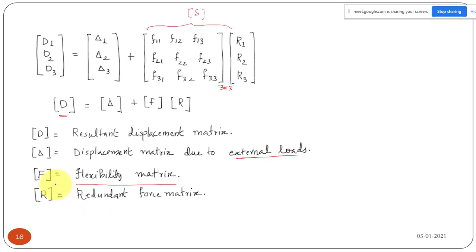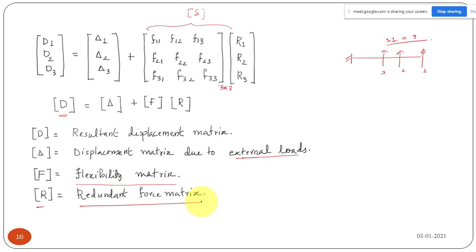It is a 3 by 3 matrix because in our structure we have 1, 2, 3 coordinates, or you can say your static indeterminacy is 3. This is known as the flexibility matrix, and this is your R matrix, the force matrix.